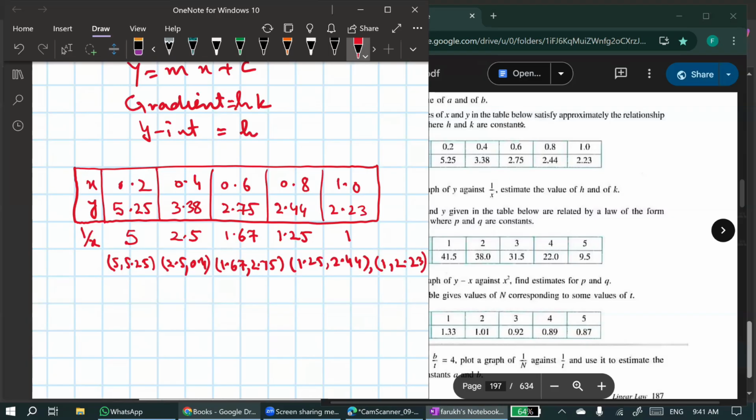These are the coordinates we want to plot.